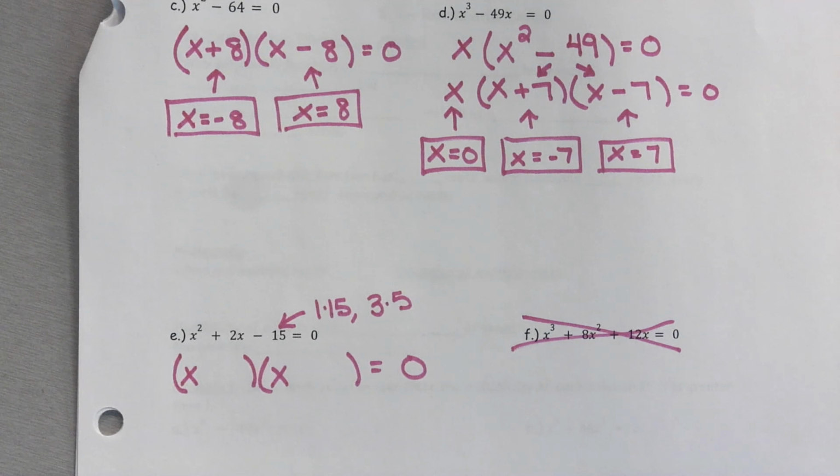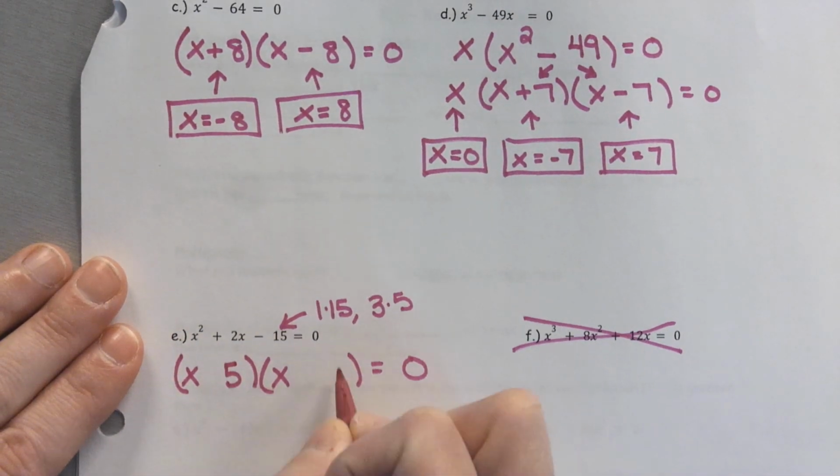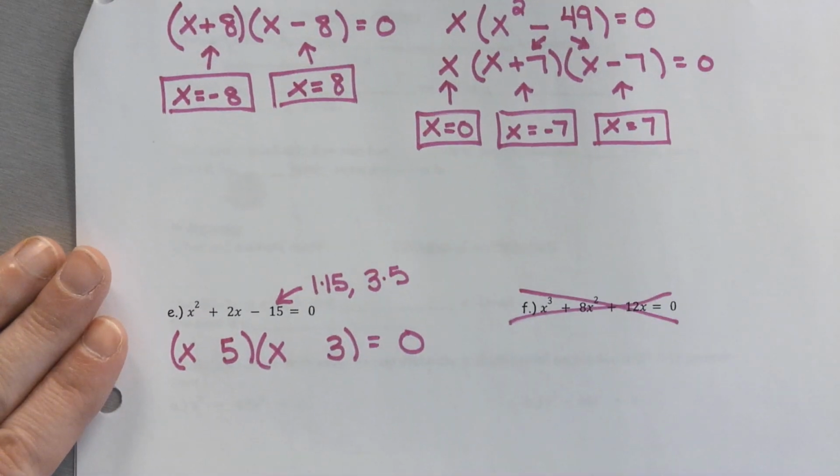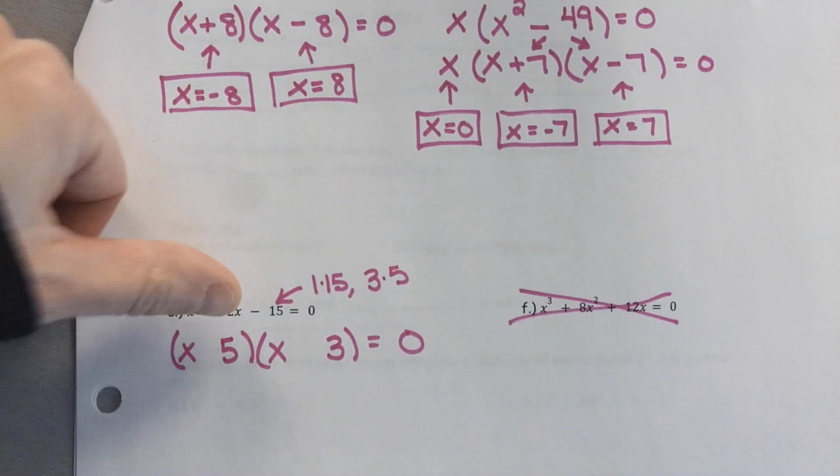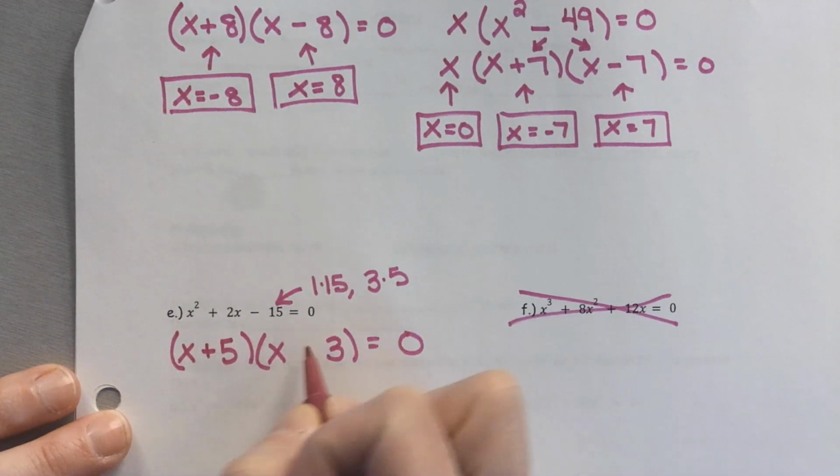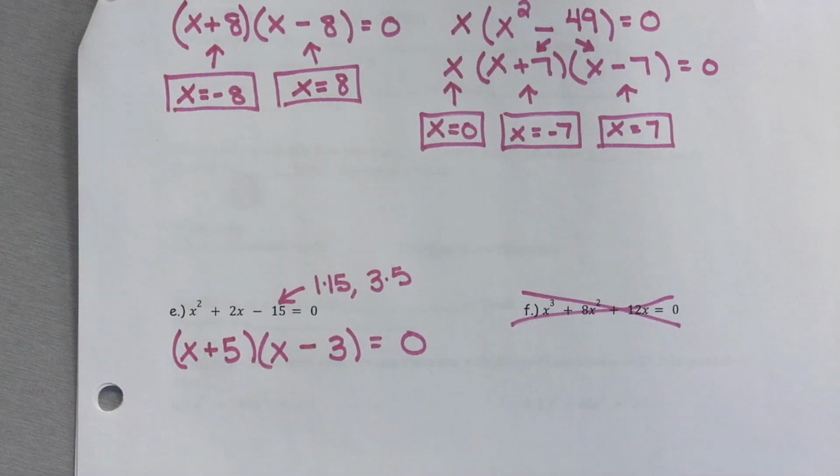Which of those pairs can also get me to 2 if I add or subtract? The 3 and the 5. So I need the 5, I need the 3. All right, I want it to be a positive 2x. So I'm going to go positive 5 minus 3. Is 5 minus 3 2? Yes. Is 5 times -3 -15? Yes.